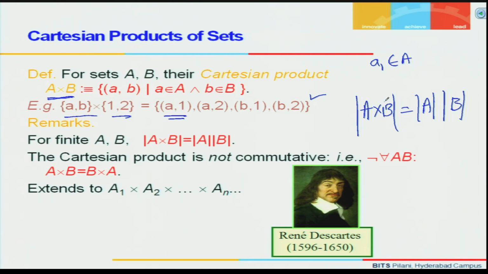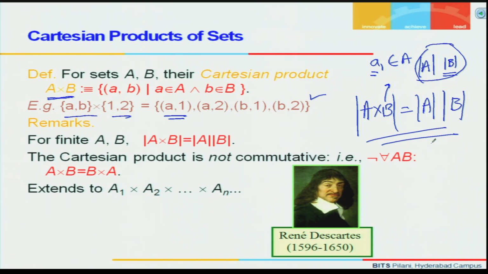For each element of B, it is going to get one tuple. So how many such elements are there in B? Cardinality of B elements are there. So for one element you are going to get cardinality of B tuples. And how many elements are there in A? Cardinality of A. So the total number of elements is the product of the two. That is how you can derive that the cardinality of A cross B is the same as cardinality of A times cardinality of B.